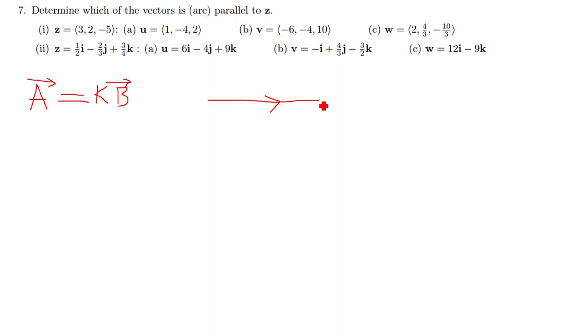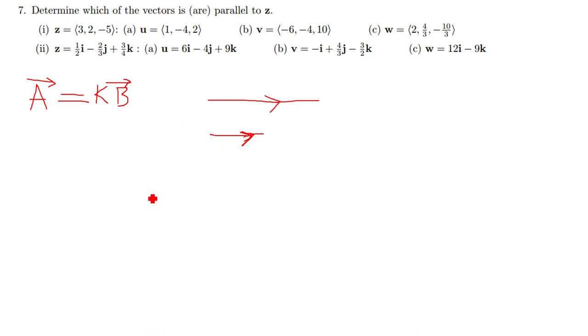So in other words, two parallel vectors look like this. When you have a vector moving in that direction, there's also another vector moving in that direction. So when two vectors are parallel, the only difference between them is that one will be shorter than the other, meaning one will be a multiple of the other vector.